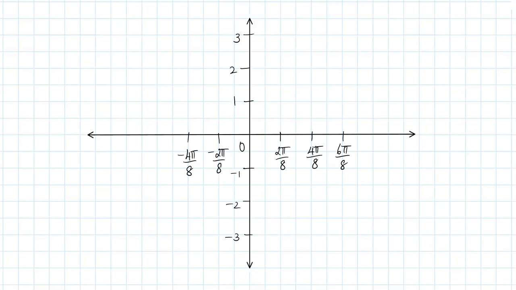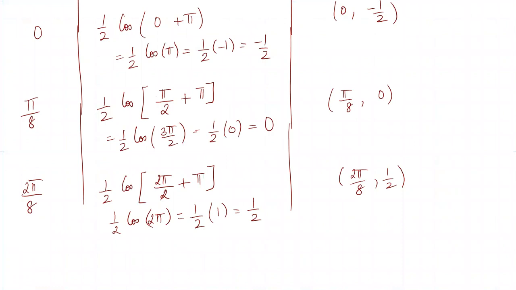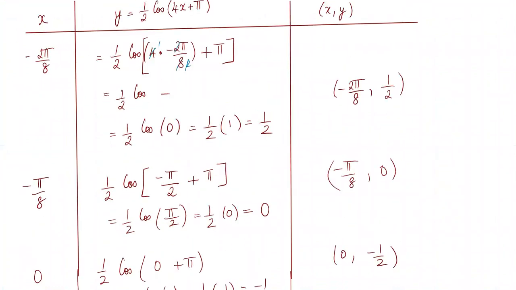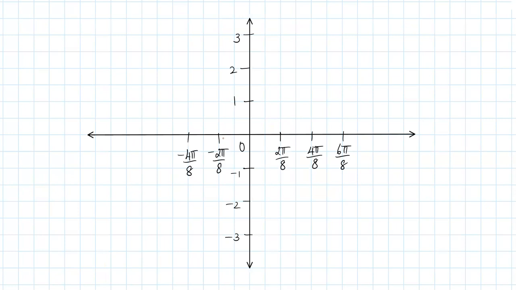Okay, let's get our coordinates. Negative 2 pi over 8 and half. That's this point, right?